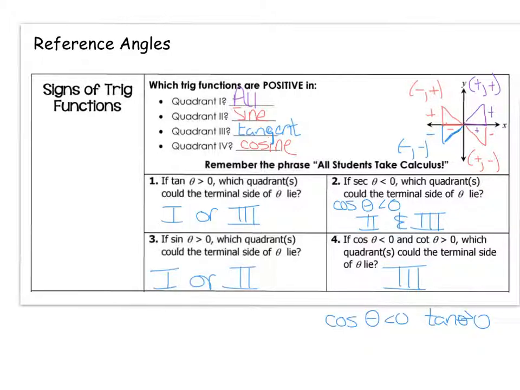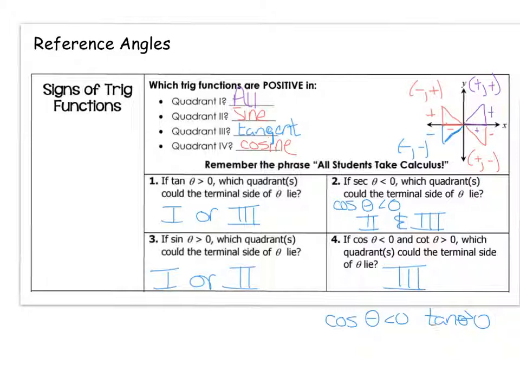All right, number 3, I got that sine is positive in quadrant 1 because they're all positive in quadrant 1, and quadrant 2 because that's the S part. The fourth one says that cosine's negative, so I just rewrote that, and cotangent is positive.